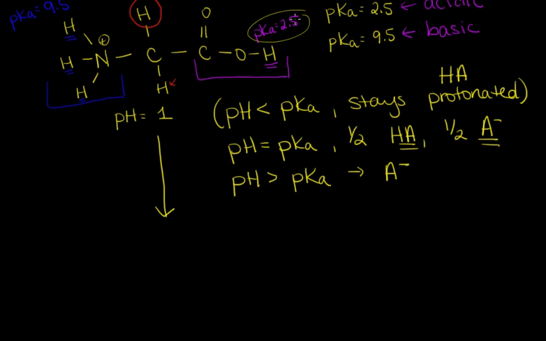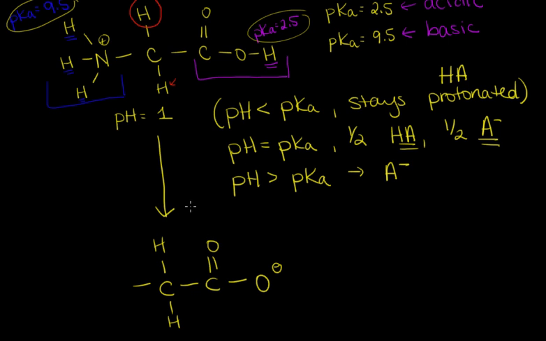So at pH 3, the pH is greater than the pKa, so it will be completely in the deprotonated form. So we're going to draw that part first. So what does the O look like after that H is gone? It has a negative charge. Nothing else changes. The pKa over here is 9.5. The pH is 3.